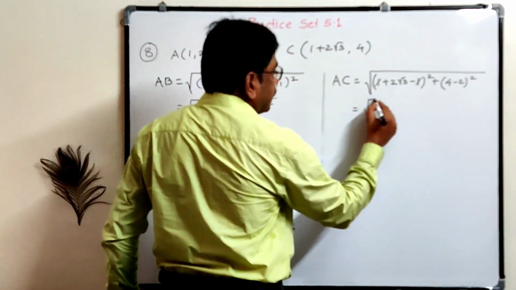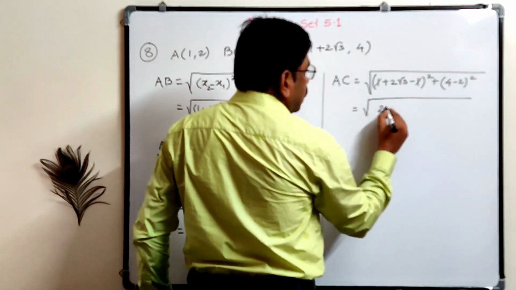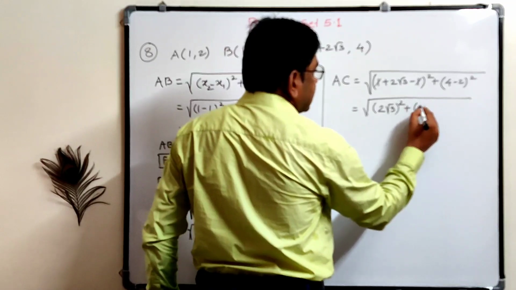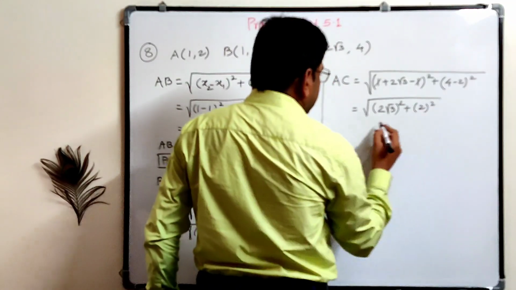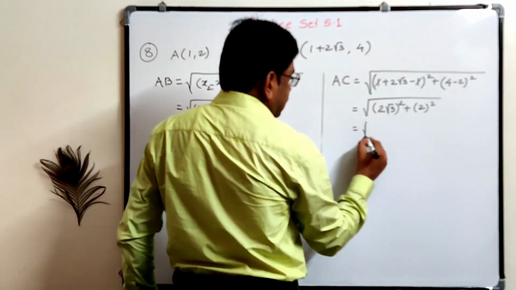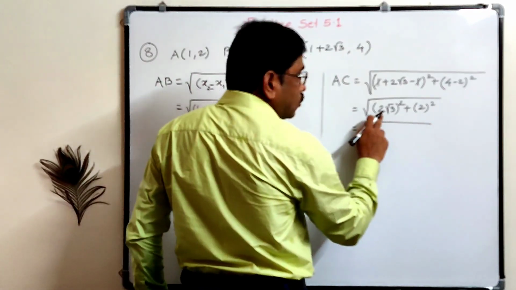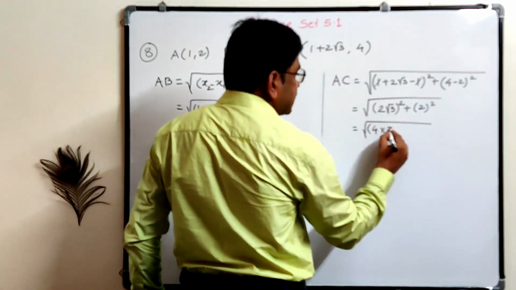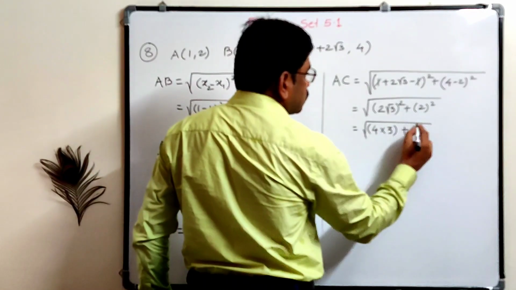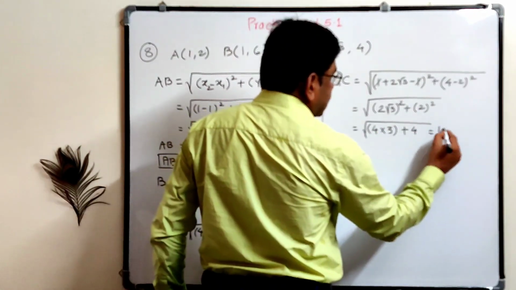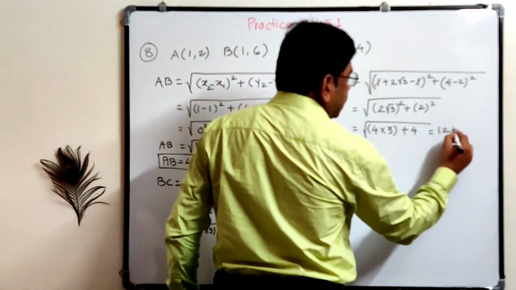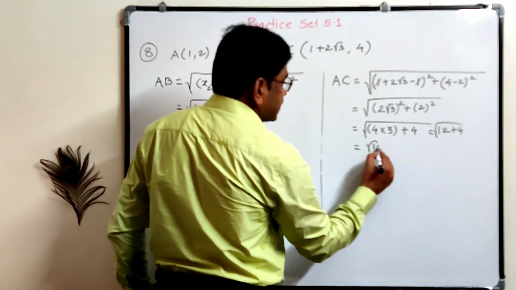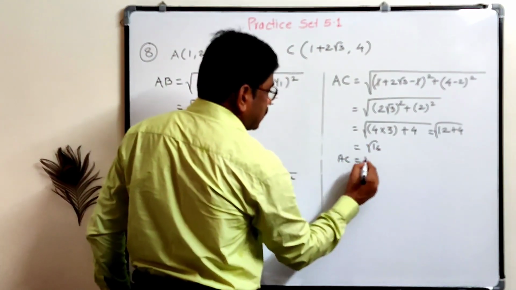So we get 2 root 3 bracket square plus 2 square. Squaring: 2 square is 4 into root 3 square is 3, and plus this 2 square is 4. So 4 3s are 12 plus this 4 is equal to root 16. So AC is equal to 4.